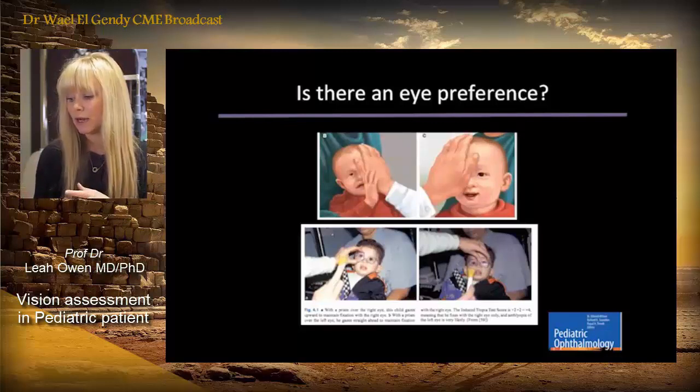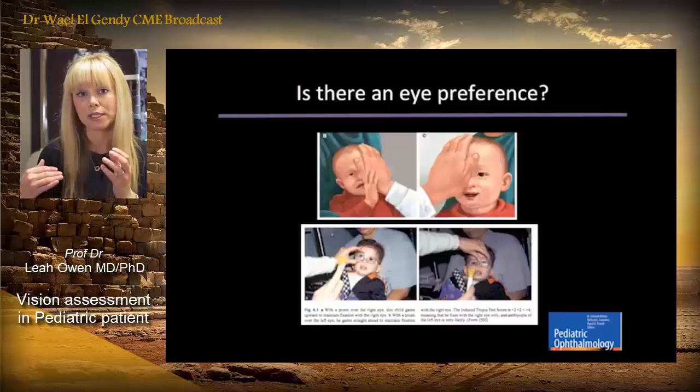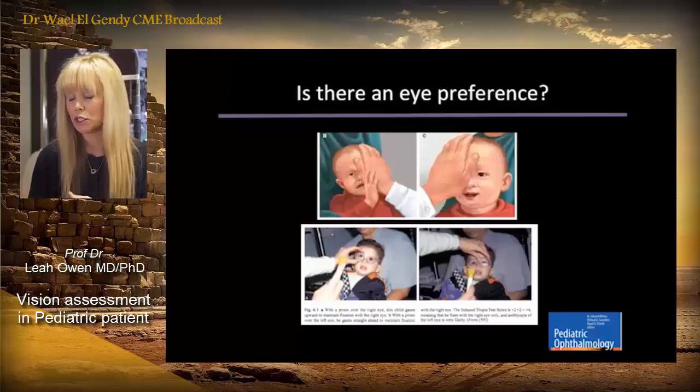But to sort this out, you can give the child two images, one from each eye, and you do this with a base down prism. Usually we use about a 20 prism diopter unit so that the images are sufficiently separated in space that the child can see the two separate images, but they're not too far away that the child wouldn't notice that there are two images.